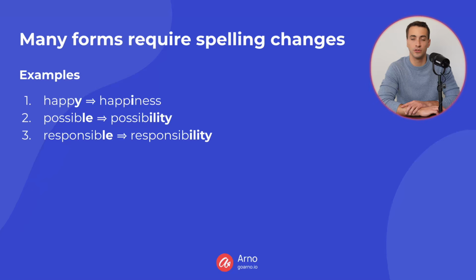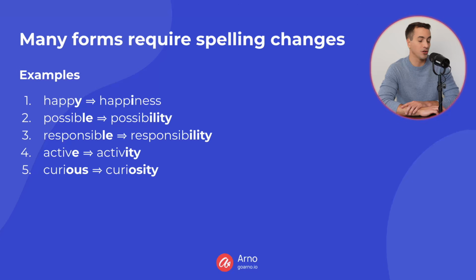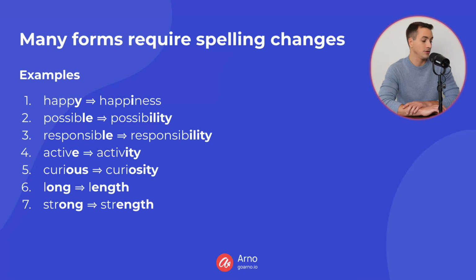Responsibility, very similar to possibility. Active, activity. Curious, curiosity, right? We lose the U in curious when we form the noun curiosity. Long becomes length. Sometimes the spelling changes are quite extreme here, as we can see with length. Strong becomes strength, similar thing.